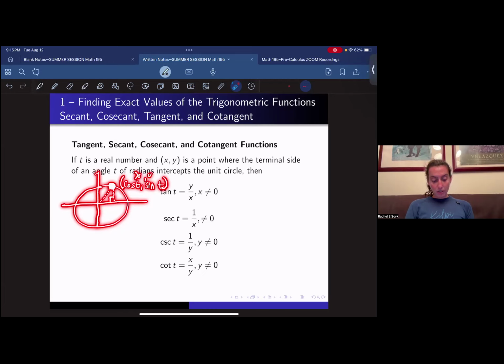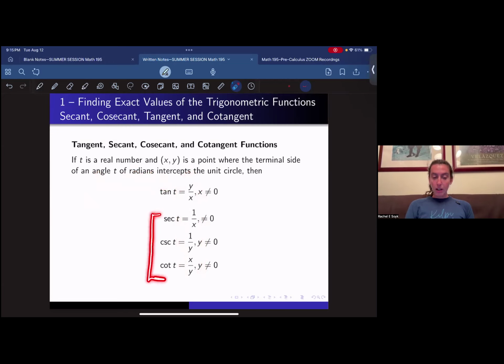This is our x, this is our y, so y, x, and 1. That's how we get all of these, utilizing our SOHCAHTOA, and then understanding that our secant, cosecant, and cotangent are just the reciprocals of cosine, sine, and tangent, respectively.